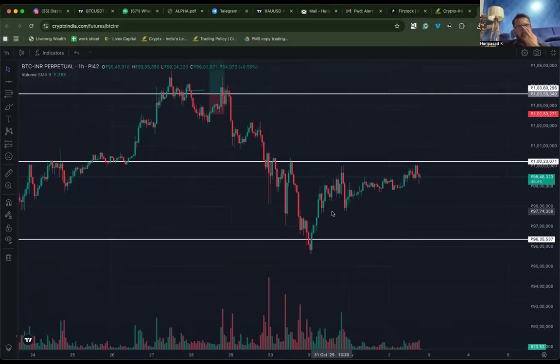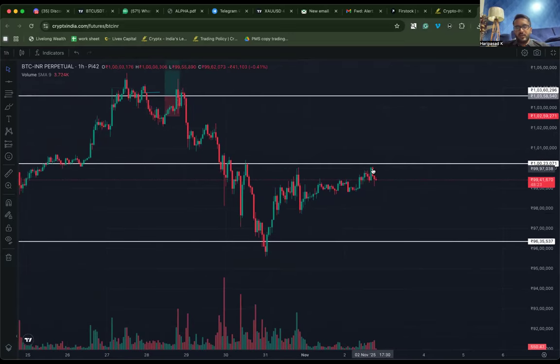For me, right now, if I look into the hourly time frame chart, this is actually looking bullish. So this is a resistance level. What are the odds? Either this resistance can be broken and the price can go up, or the other odd is that rejection can come from here and price can come down to the next level.